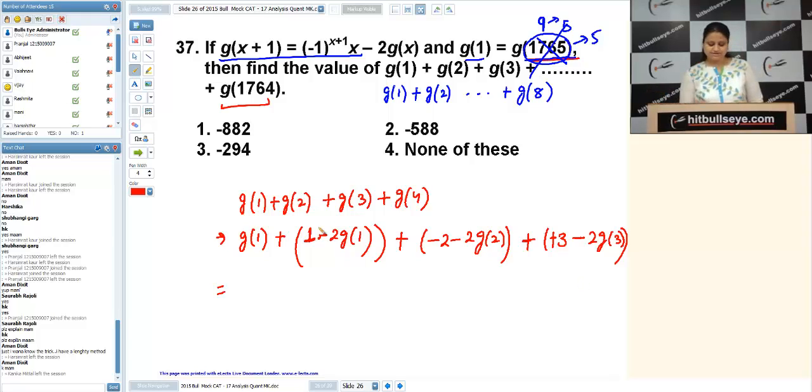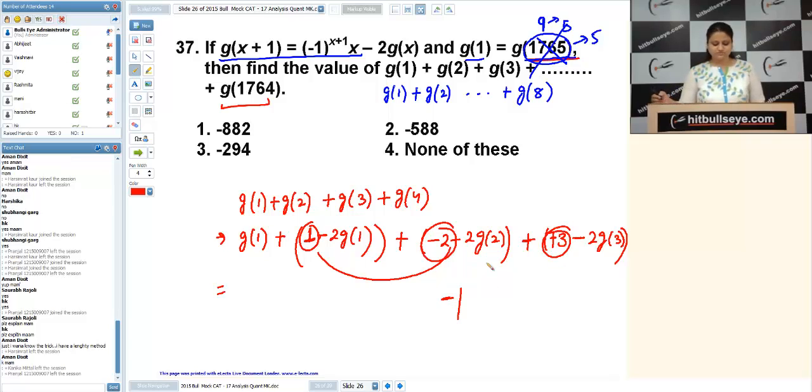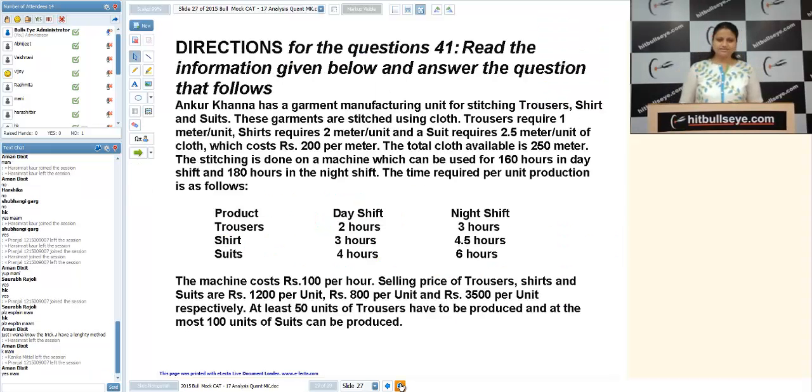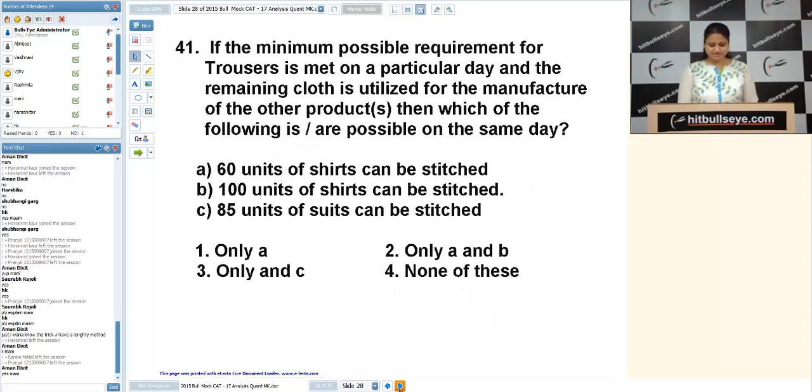We will get, see, 1 minus 2 here, minus 1 and 3 here. So by solving, by putting values, we could do that, by taking smaller value. Is it okay now, Aman? That is the only thing we can do here. Okay, next question. Lengthy calculations only, but conceptually it was easy.